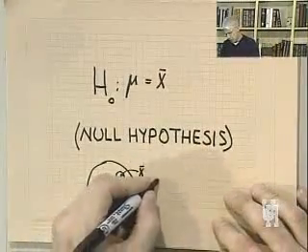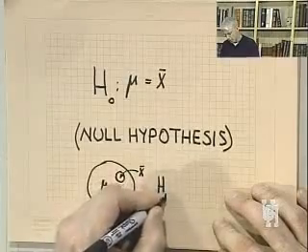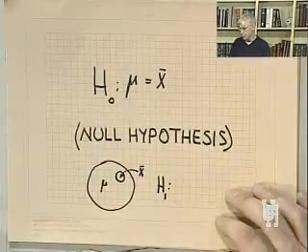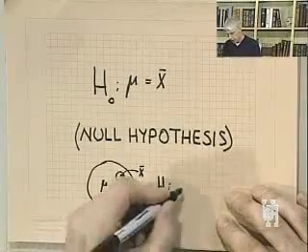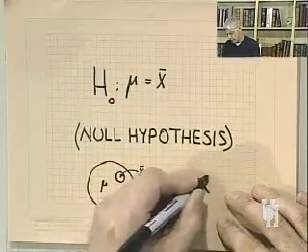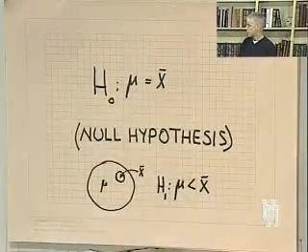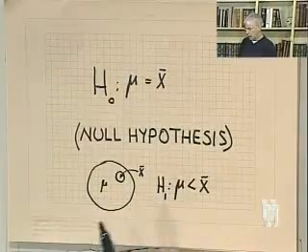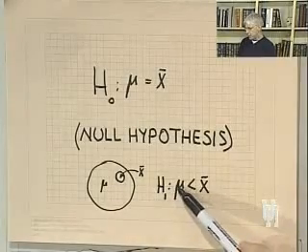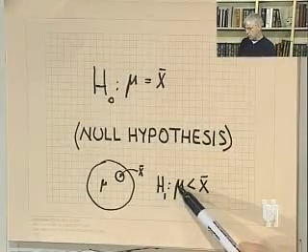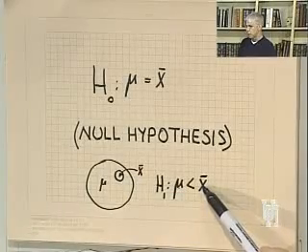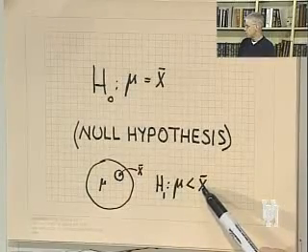In this instance, the research hypothesis, represented by H subscript 1, would you agree, would be that mu is less than X bar. What we would be arguing is that the average rate of violent crime in the population is less than the average rate of violent crime amongst elderly Americans.